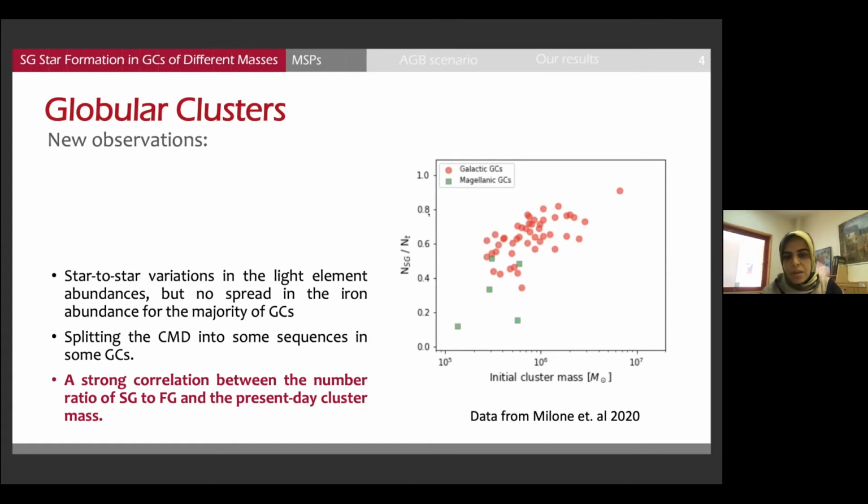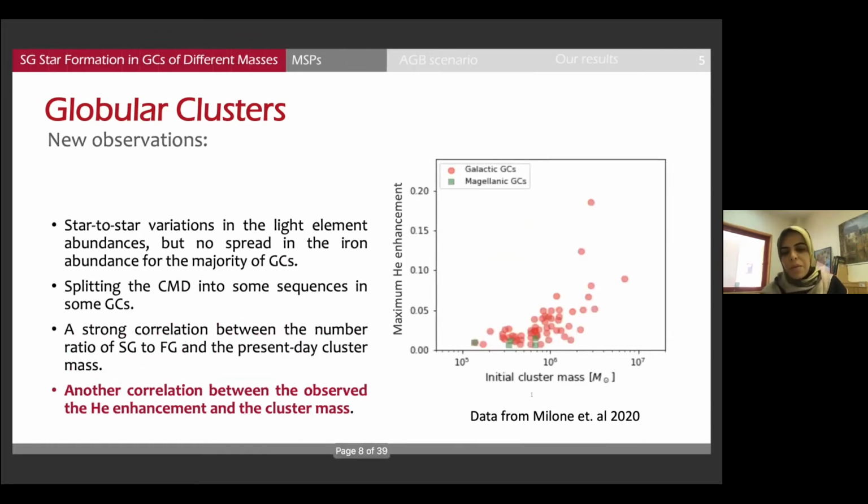It shows that the number of second generation stars is not negligible. We can also see a strong correlation between the second generation fraction and the initial cluster mass, actually the estimated initial cluster mass. From observations, we also find another correlation between maximum helium enrichment, in clusters with multiple stellar populations, and cluster mass.